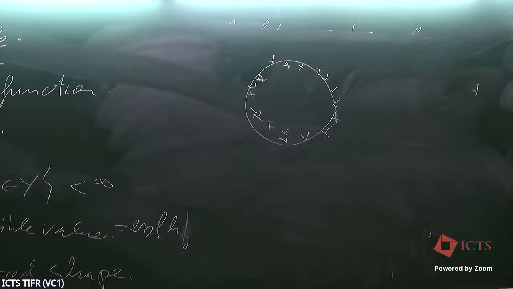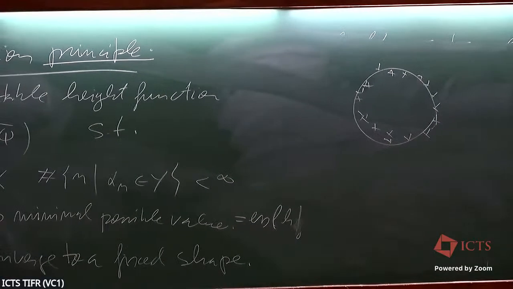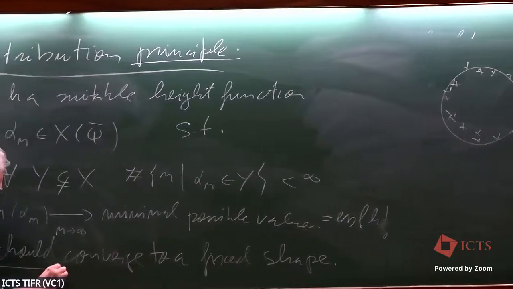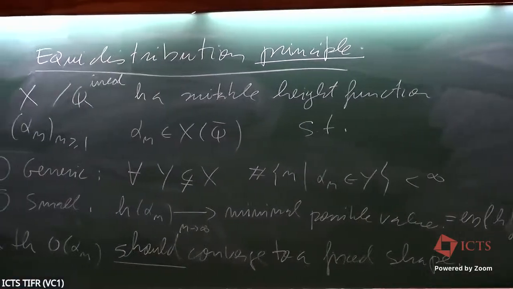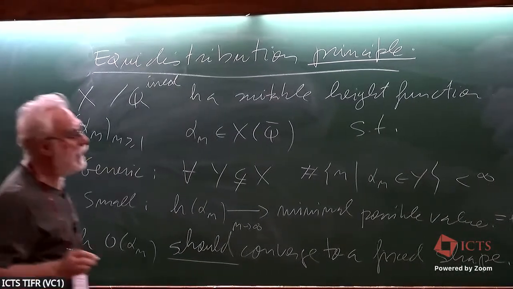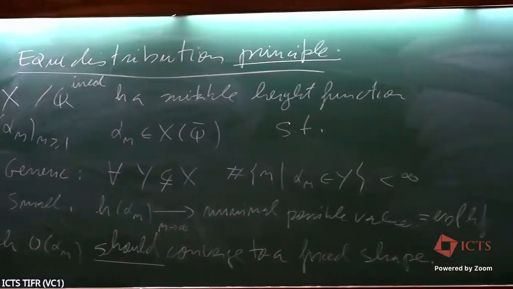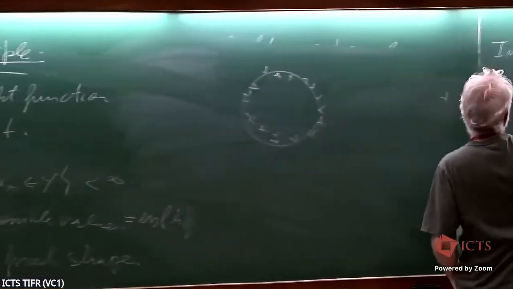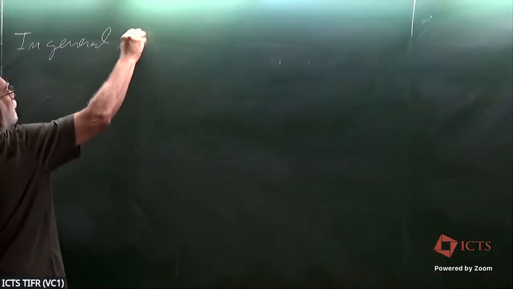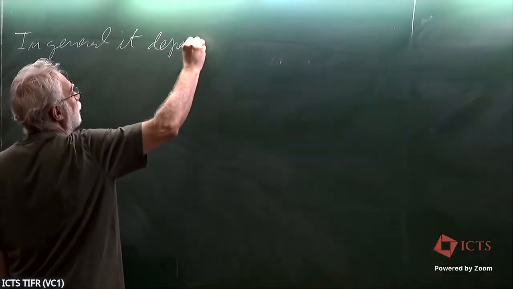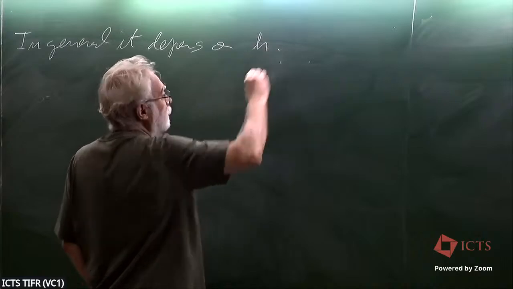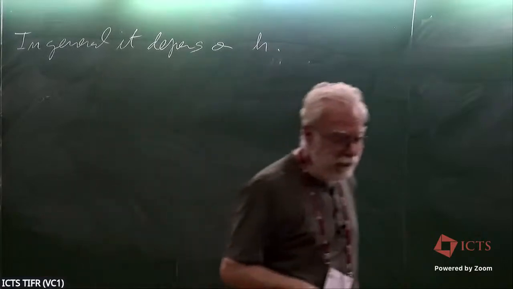Okay. Now, some remarks are in order. First is that I am saying equidistribution principle, and here I am not saying that it converges. I am saying that it should converge. The problem is that, in general, it depends on H. So, for instance, in the bibliography, you have a theorem of Yuan that is one of the most general equidistribution results that exist.